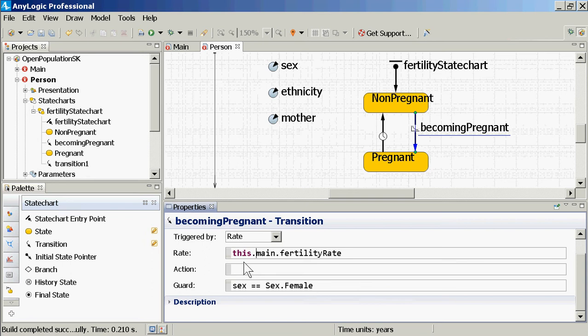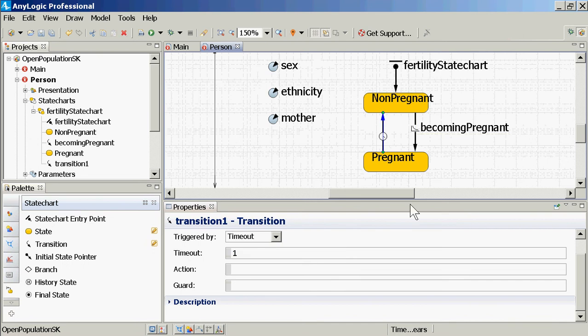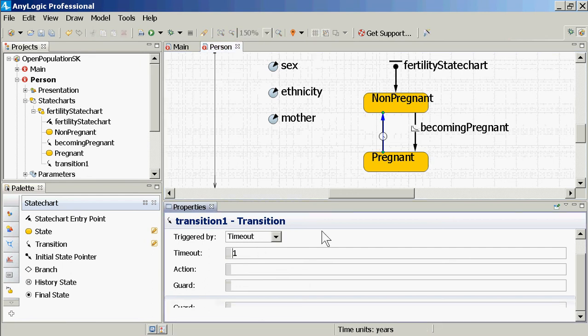Okay, so here only women can become pregnant. And what's going to happen? What event is going to transpire when they go from a pregnant to a non-pregnant state?